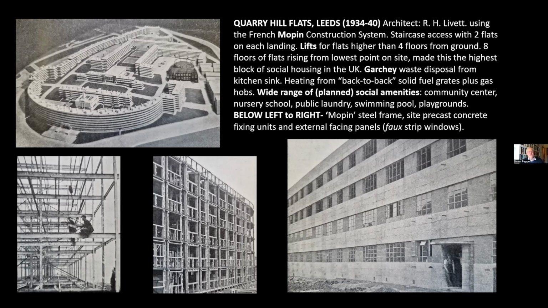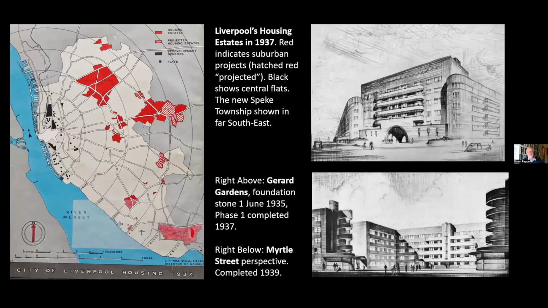But there were so many delays in the steel and precast concrete system that it only opened the first flats just on the eve of war, and the wartime restrictions and post-war austerity meant that most of the fancier social amenities did not get installed. But nonetheless, they claim to be the first multi-storey flat-served block of housing in the country. This would be bitterly rejected by people in London.